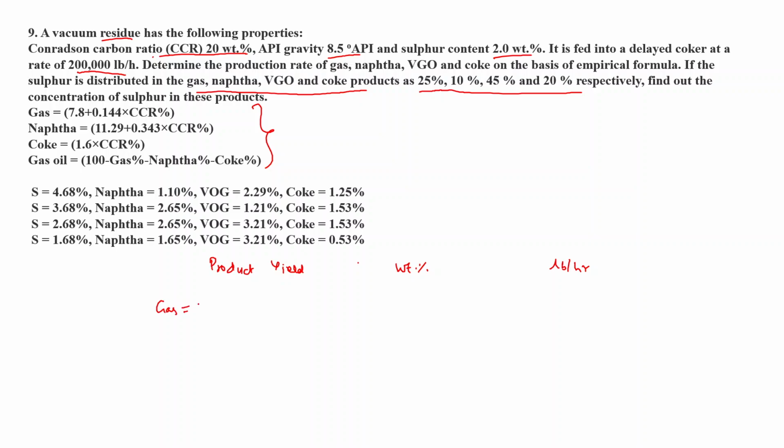So for gas, the formula is 7.8 plus 0.144 times the carbon residue, which is 20. It is given in percent, so we will be directly putting 20.